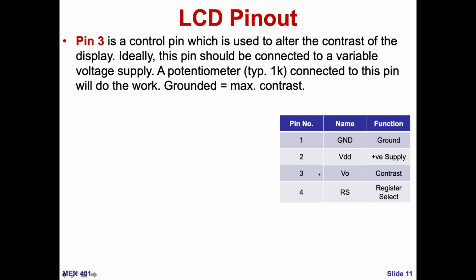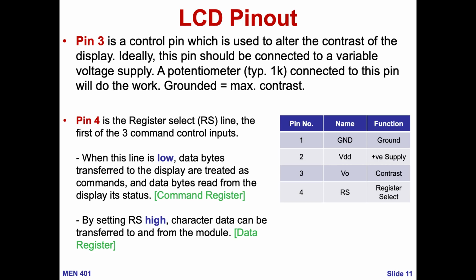Pin 4 is RS, or what we call register select. This is something very important to start here and to understand well. We should communicate with the LCD. The LCD is a kind of microcontroller, if you want. It has some registers in it, so some places in memory.